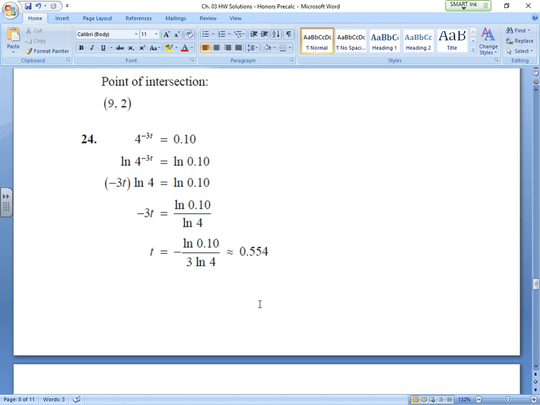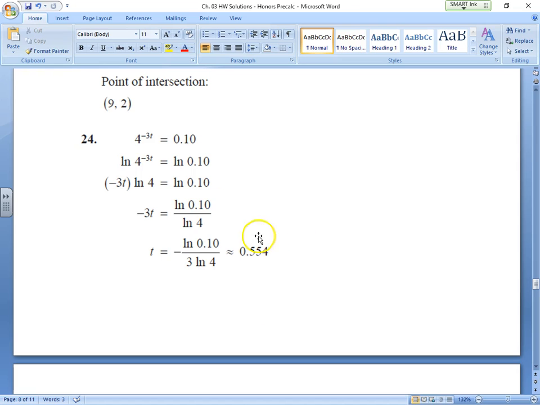Then I put the log 4 to the other side, so it's negative 1 over log 4? Minus log of 4. Oh, not minus, divide. Because it's times. Negative 3t times log 4. Jeez, I confused the t with a plus. Oh, does that make sense? There you go.